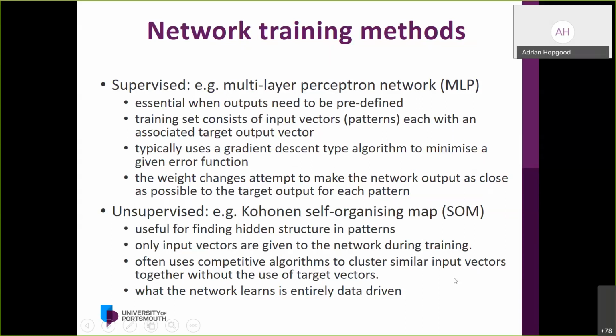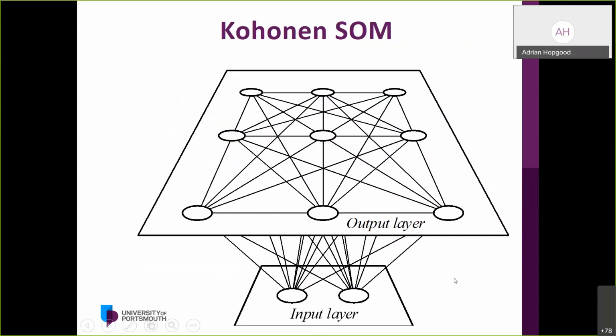But I'm going to show you some practical examples which will hopefully put some flesh on that. In terms of the unsupervised learning, a classic example again from that era of the developments of the 1980s is the Kohonen self-organizing map, which has this sort of structure that's illustrated there, with many more nodes than I've put in this simple diagram.